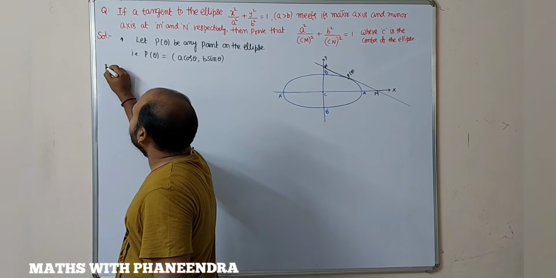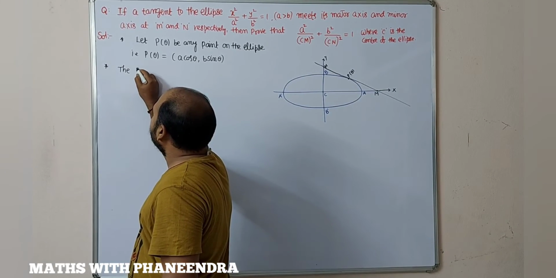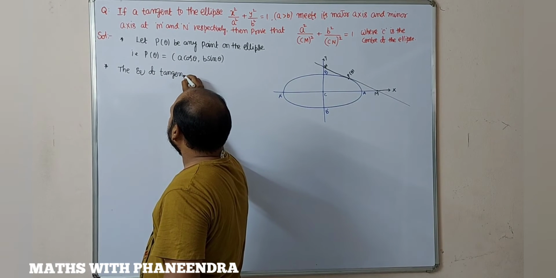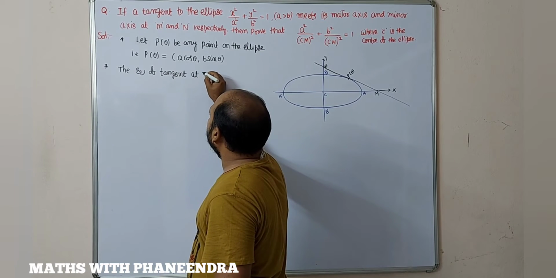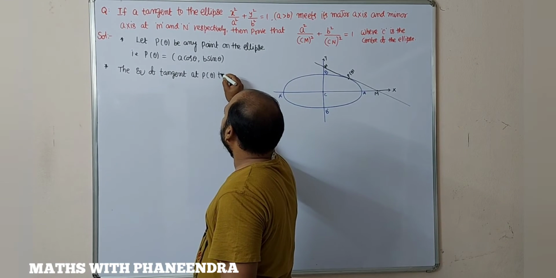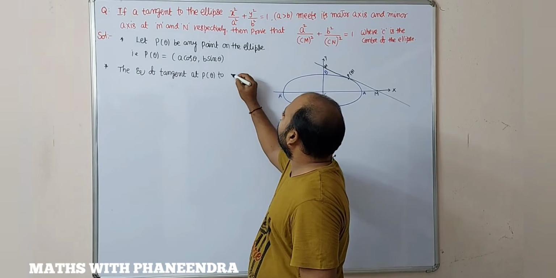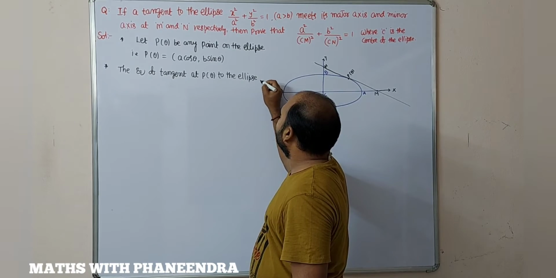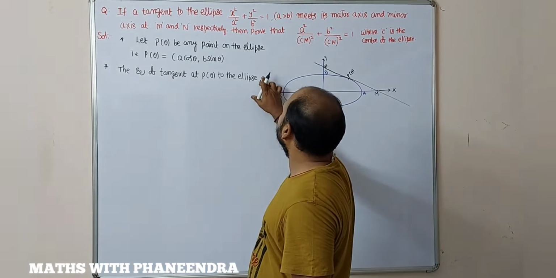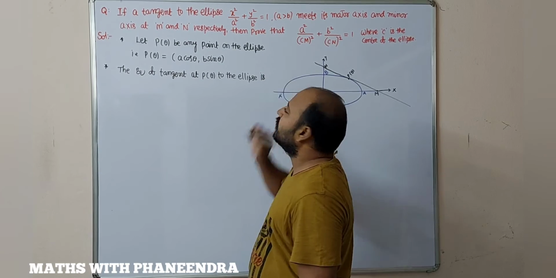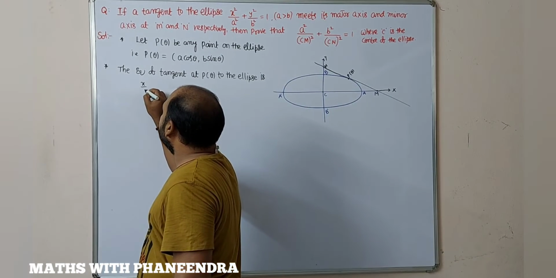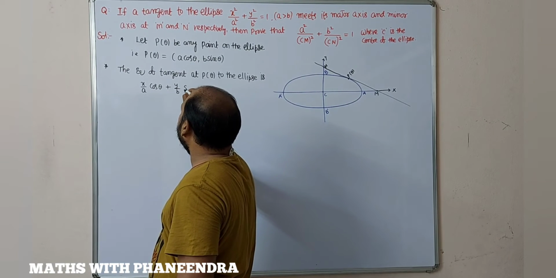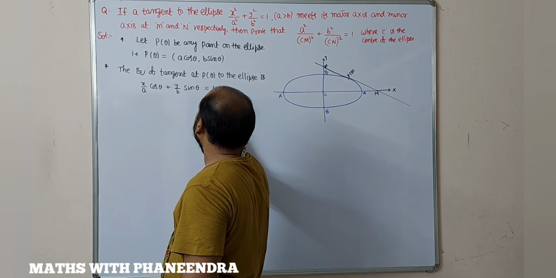Second step. The equation of tangent at P of theta to the ellipse is x by a cos theta plus y by b sin theta is equal to 1.